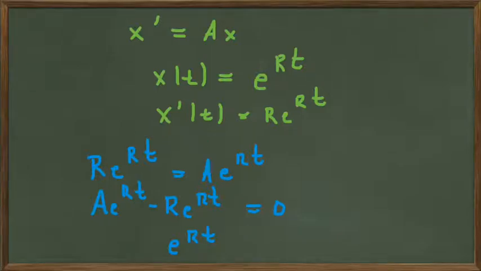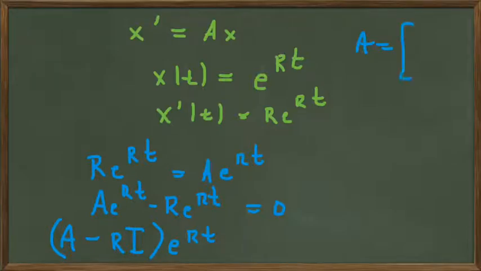So we have this form next, and then we're going to factor out e to the rt, and that leaves, you would think it should be A minus r, but r is a constant and A is a matrix, and so the way we make that work, so that A has a matrix of the same size subtracted from it, is r times I.